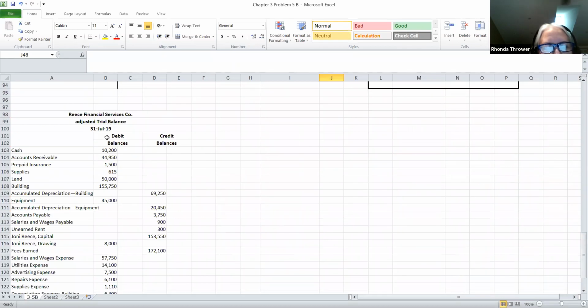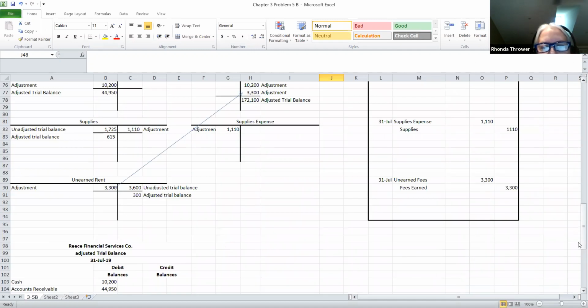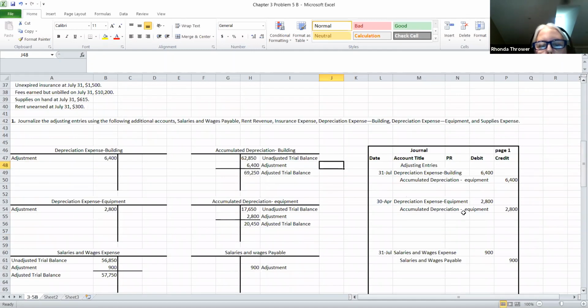So you would make an adjusted trial balance, and for the accumulated depreciation for the building, the credit balance is going to come from that ledger account. So even though these are not formal ledger accounts, they can represent ledger accounts. These are your T accounts that will help you to get the journal entry correct.